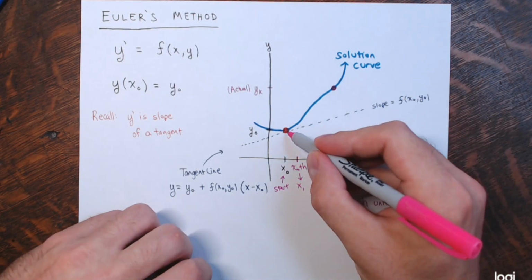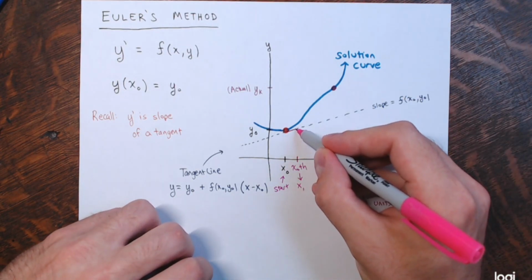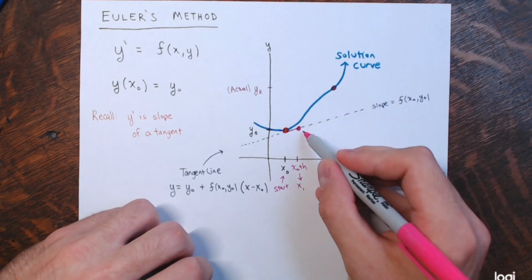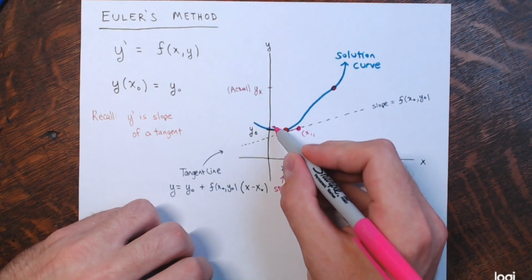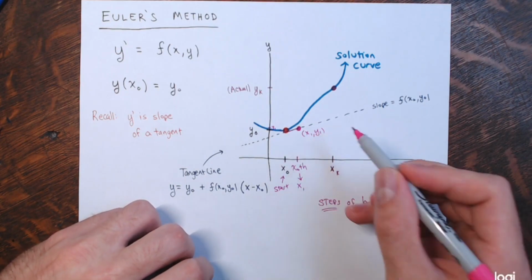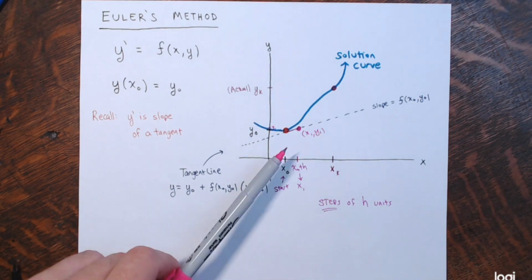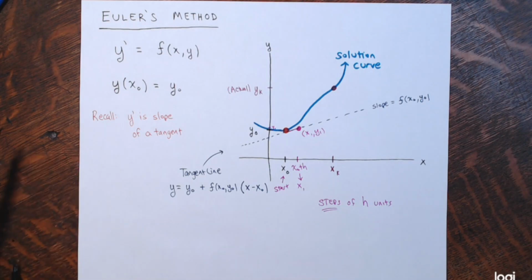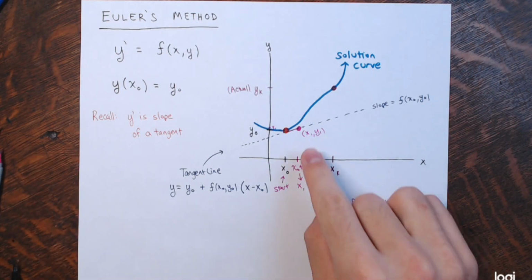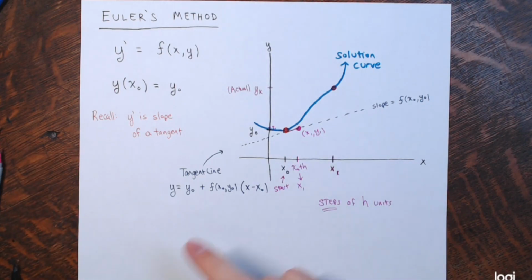So I'm traveling from here, moving along this tangent line to here. And then here's the point x1, and we'll call the y value of that y1. What I would like to figure out is, what is this y1? Well, if it's on this line, we just plug things in.